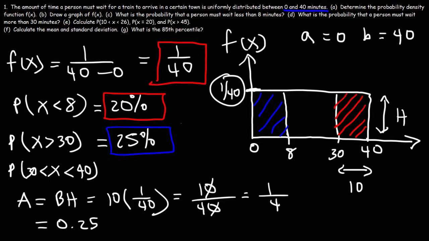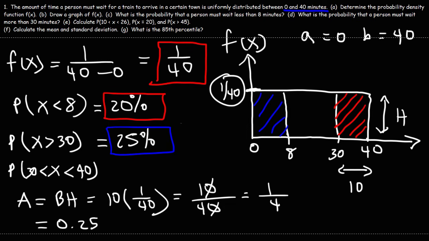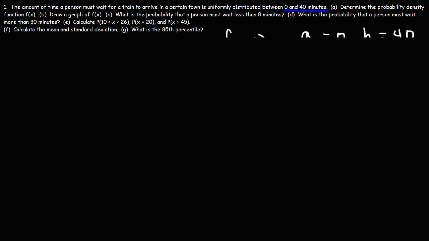Now let's move on to part E. So calculate the probability that x is between 10 and 26, or the probability that a person must wait between 10 and 26 minutes for the train to arrive. So what we're going to do is we're going to create a new graph, since that one has been used so extensively.